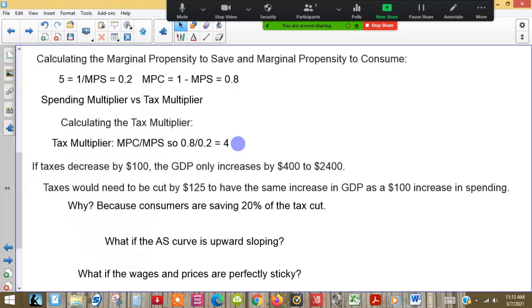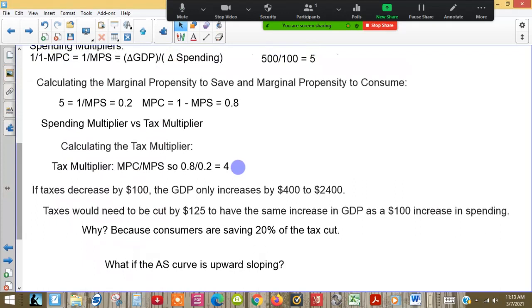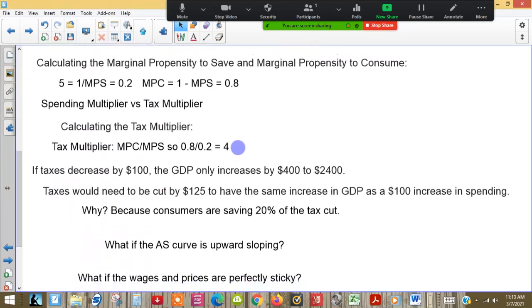Okay, now why is that? Well, it's simple, because when the government spends money, 100% of that money is going into the economy. It's all spent.